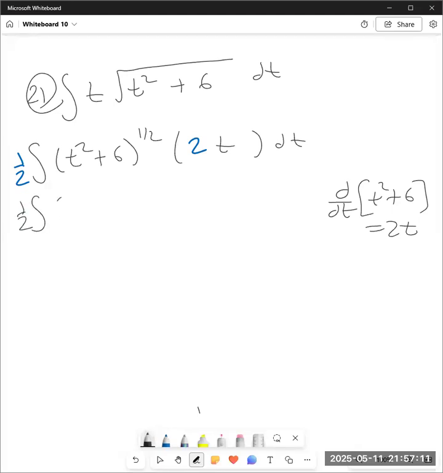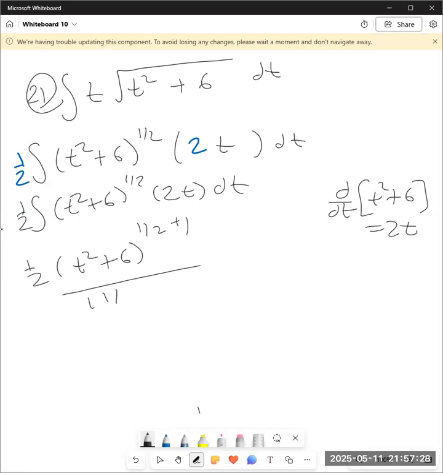1/2 integral of (t squared plus 6) to the 1/2 times 2t dt is 1/2 times (t squared plus 6) to the 1/2 plus 1, divided by 1/2 plus 1, plus c.